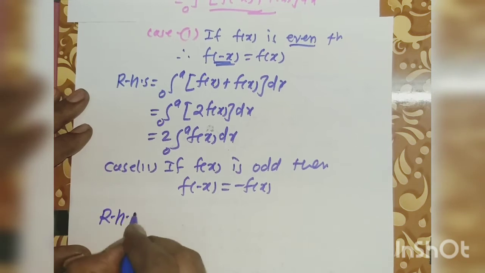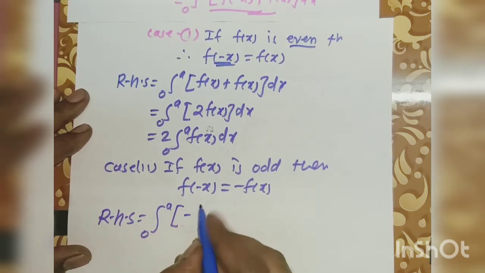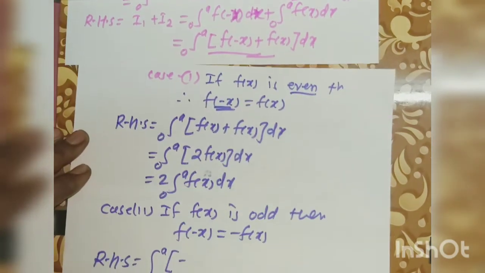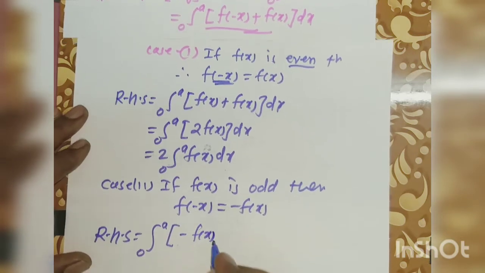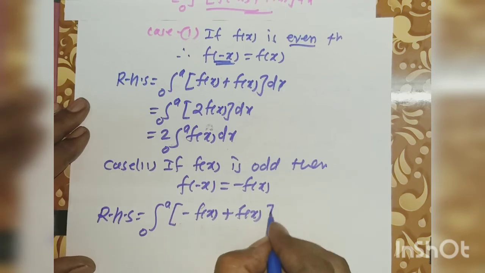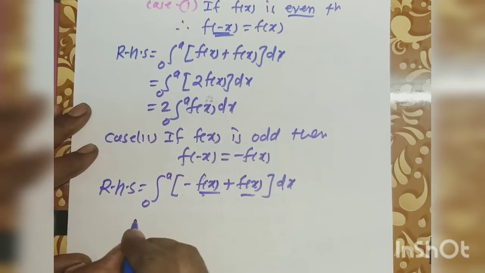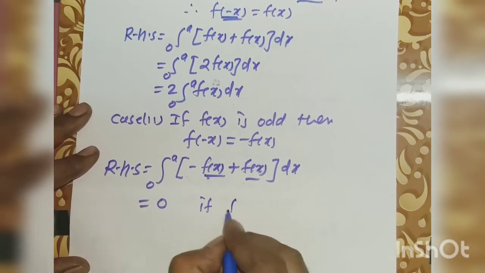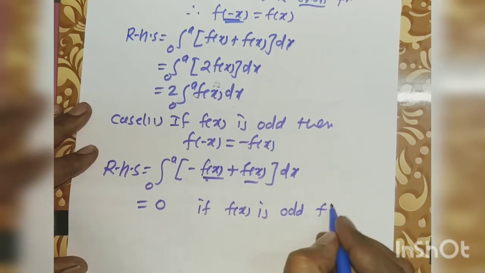Then RHS is equal to 0 to a, in place of f of minus x we write minus f of x, plus f of x dx. Both are equal in magnitude and opposite in sign, so the result is 0, if f of x is an odd function.